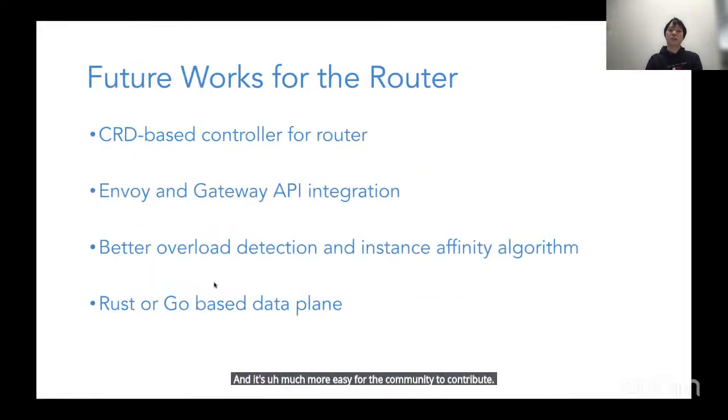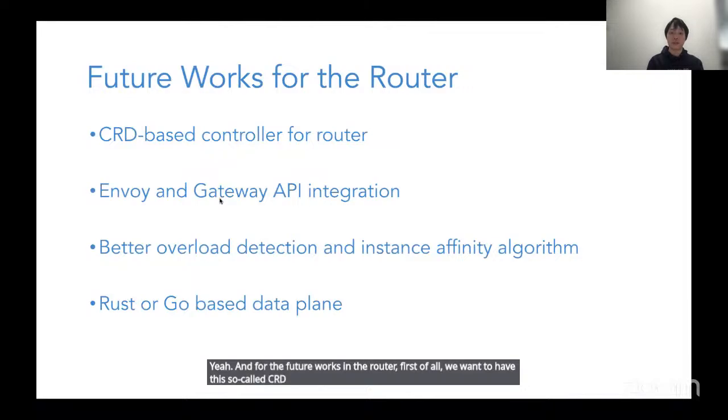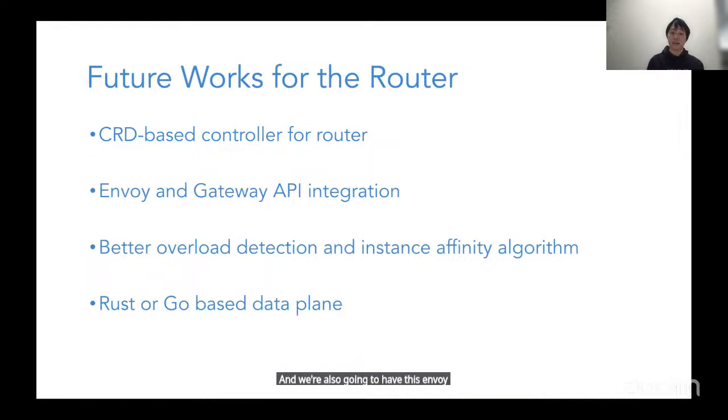And for the future work on the router, first of all, we want to have a CRD-based controller for the router to make it more compatible with cloud or production systems. We're also going to have Envoy and Gateway API extension integration.